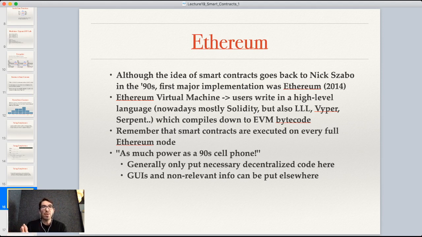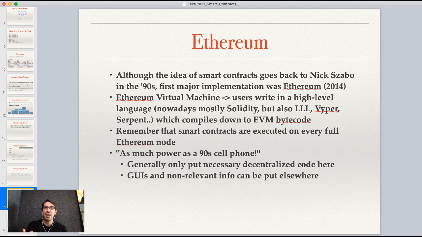So remember, though, that smart contracts are executed on every full Ethereum node. If you are going to run some code, every single Ethereum node in the world is going to run that. That's just how blockchains work, at least non-sharded blockchains. So that means that your computing power is actually very limited. The joke is it has as much power as a 90s cell phone.